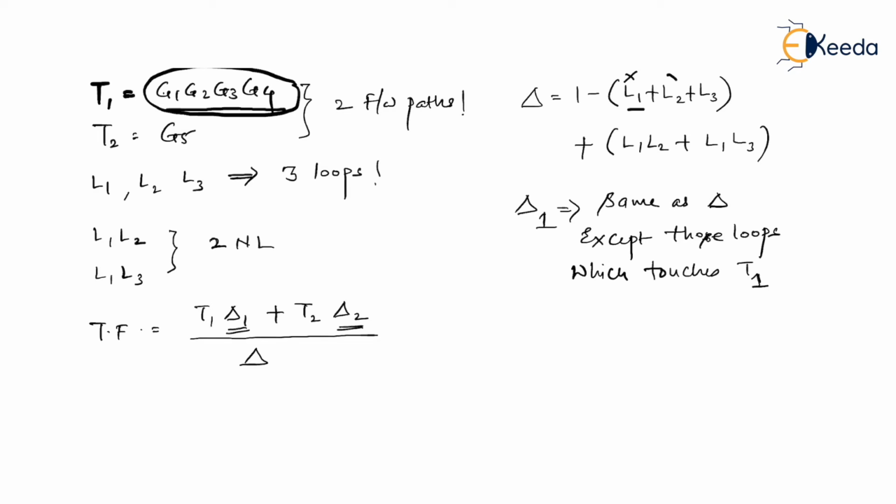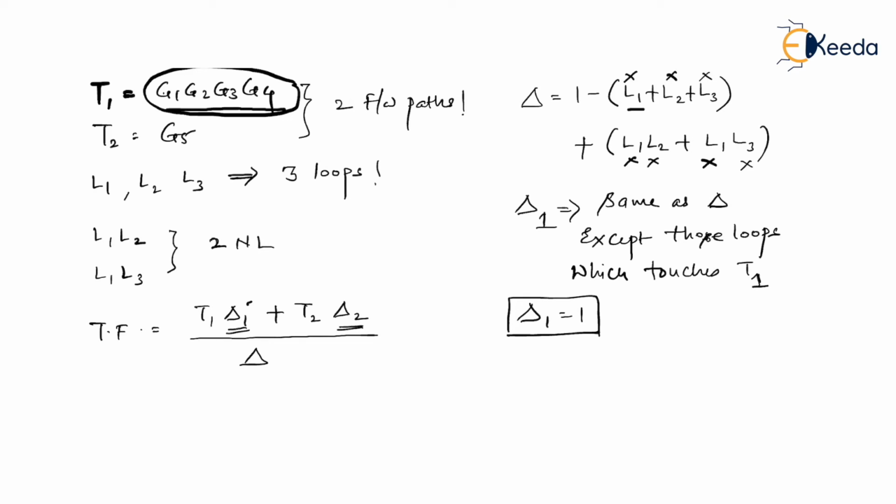L2 is also touching T1. L3 is also touching T1. It means L1, L2 has gone, L1, L3 has gone, everything has gone. As you can see, what is left in delta is only 1. So I would say delta 1 is simply 1. I hope you understood that. It means if all the loops are removed, then the delta value will always be equal to 1. So I got the value of delta 1. Please remember, delta 1 is derived from delta only.